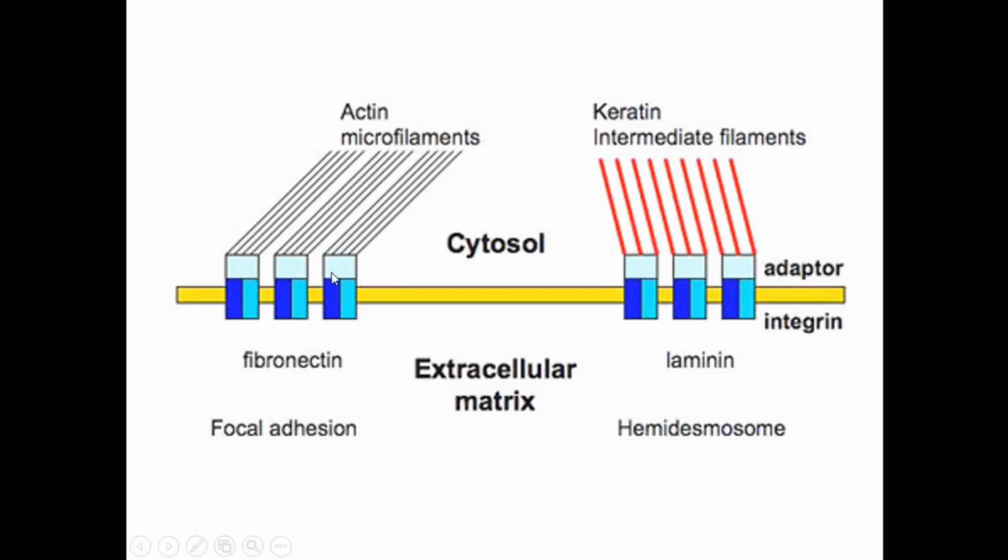Also, the peripheral proteins on the cytoplasmic side in the focal adhesion are very different than in the hemidesmosome junction. For example, here we have paxillin, but in the hemidesmosome we have desmoplakin, plakoglobin, and other proteins.